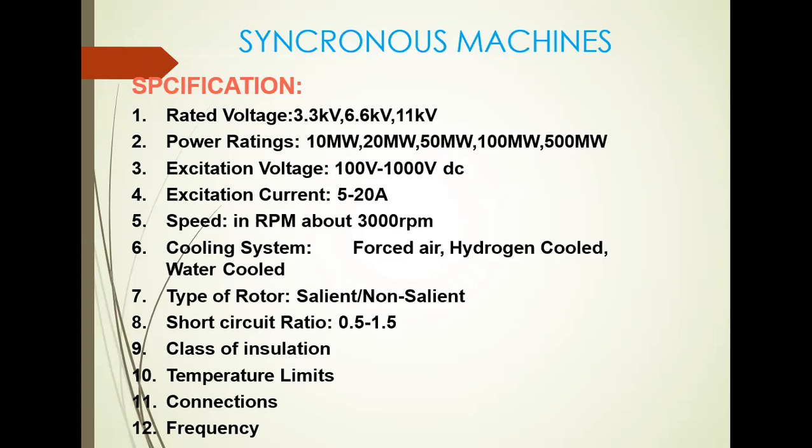Similar to induction machine and transformer, synchronous machine specification is also needed for noting down the tender, right? Specification involves rated voltage, power rating, excitation voltage, excitation current, speed, cooling system, type of rotor, short circuit ratio, then what type of insulation class, temperature limits, connections, frequency.